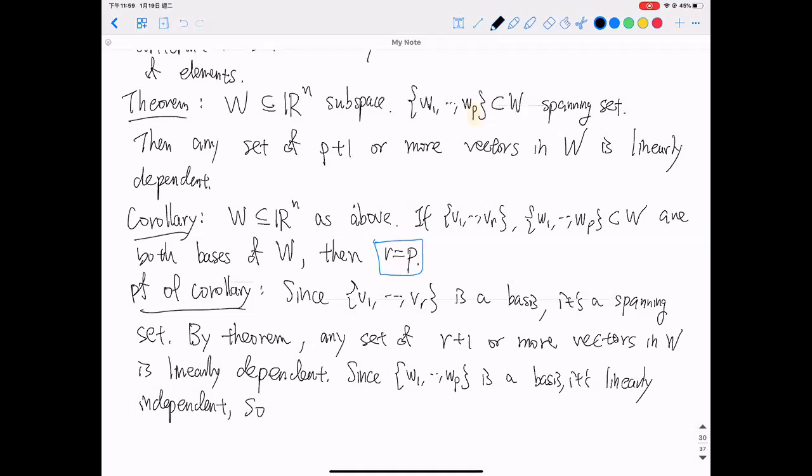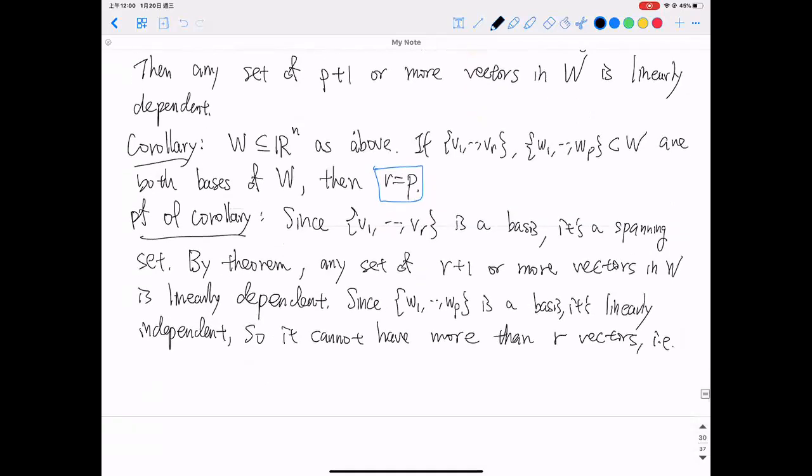So it cannot have more than R vectors, i.e., the number of vectors in this set W1 through WP is P, so P is less than or equal to R.